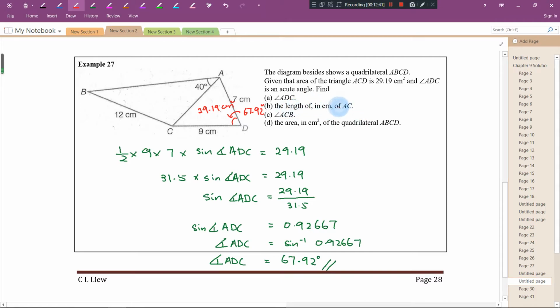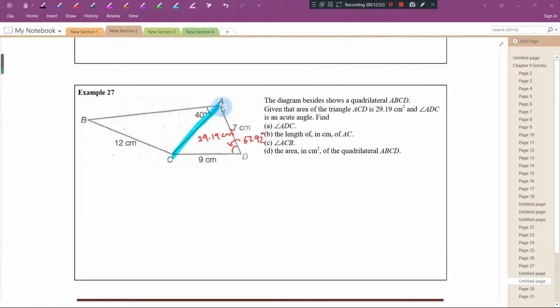Find the length of AC in centimeters. We want to find the length for AC, which is over here. We can use the cosine rule to help us get the length of AC.